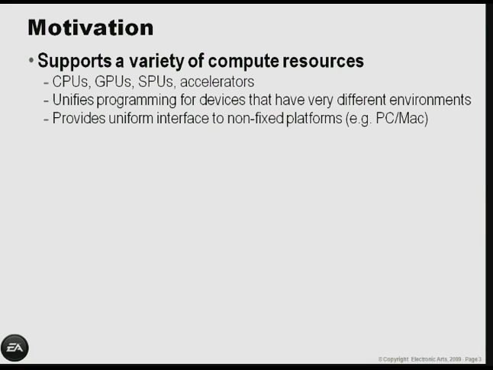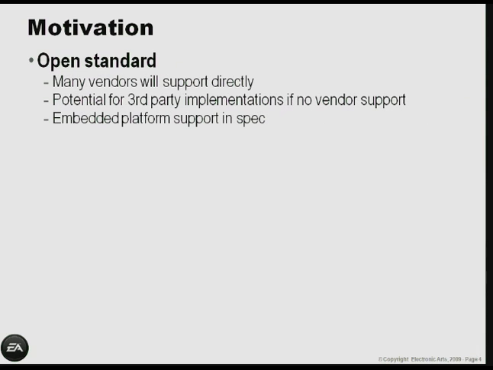So, of course, we're fairly excited by the possibilities of OpenCL for helping us with this problem. It really helps us unify the programming for a bunch of devices that have different environments, and it provides a uniform interface for non-fixed platforms like PCs or Macs, where every user's got something different in their home environment.